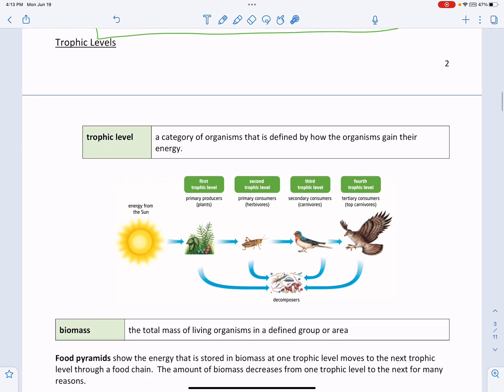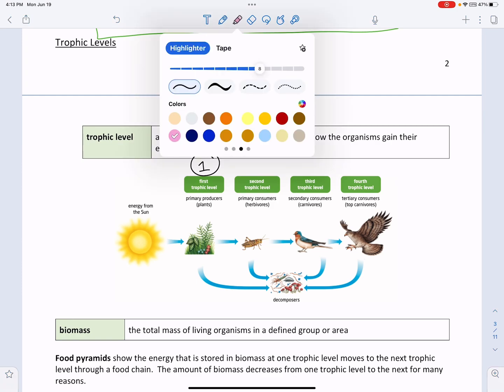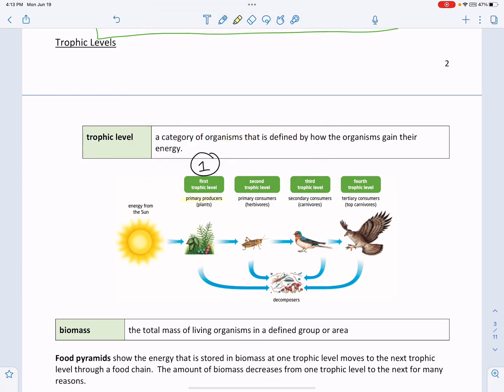The different levels in a food chain are called trophic levels. A trophic level is a category of organism that has defined how the organisms gain their energy. The first trophic level consists of the primary producers. The second trophic level consists of primary consumers.